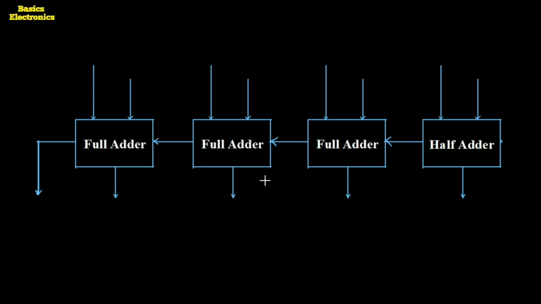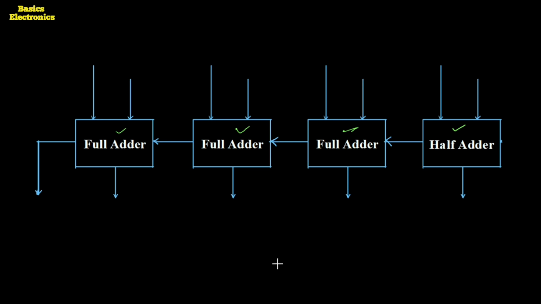So here we have this logical circuit having three full adders. In this logic diagram, this is a full adder, this one is also a full adder, here again one full adder, and here we use the half adder. This is the first type.